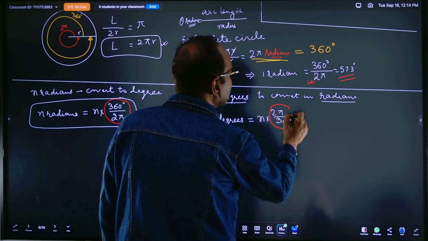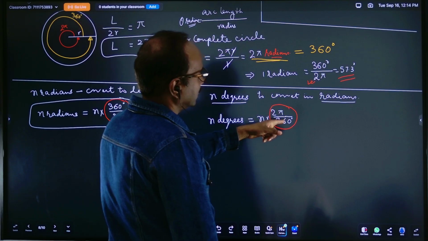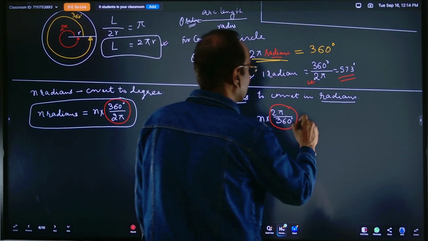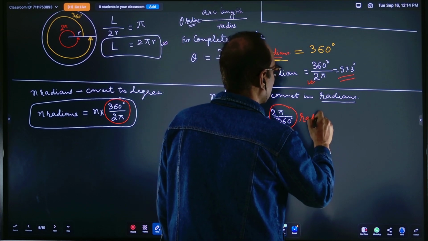So if you multiply any degree with the 2 pi by 360 factor, it will convert to equivalent radians.